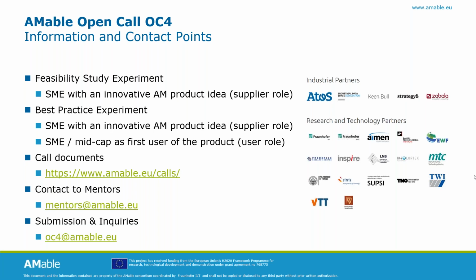Another question, are we allowed to apply again at OC4 if we applied to OC3, but there are no results yet? Okay. If you have a bad case, then you shouldn't try again. But basically, we would very much like that people do a feasibility study in order to check out if things could work out, and with that information go to a best practice experiment.